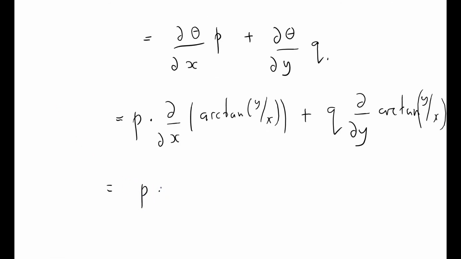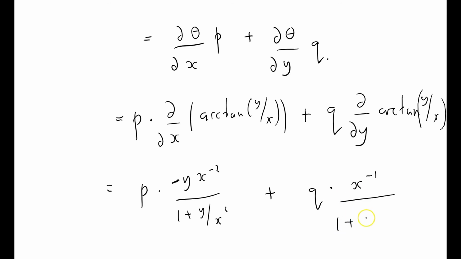Now differentiating with respect to x, it's going to be y x to the minus 2. Differential of arctan is 1 over 1 plus x squared, so it's 1 plus y over x squared, plus, oh hang on a minute, there's a minus sign there, plus q times differential with respect to y, so that's just an x to the minus 1 because it's multiplied by 1 over x, 1 plus y squared over x squared.